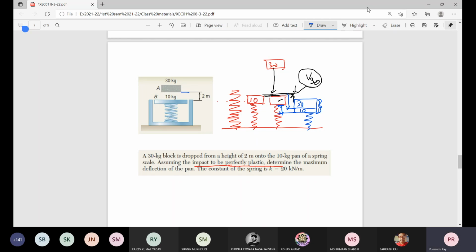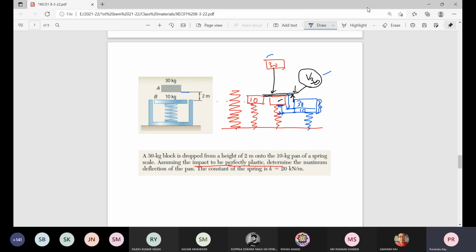And what about that energy? It is traveling with some initial velocity, square root 2gh, final velocity is 0. The combination of masses 10 plus 30 is traveling from that initial velocity to reach up to this.